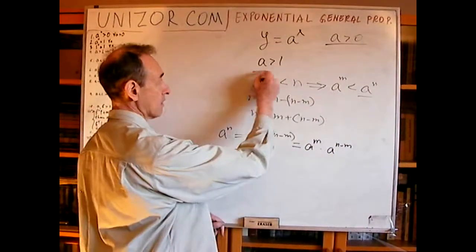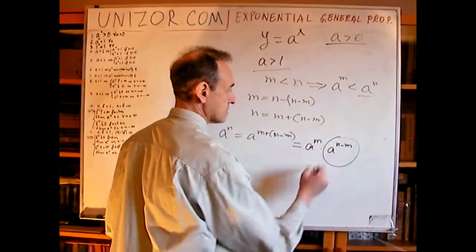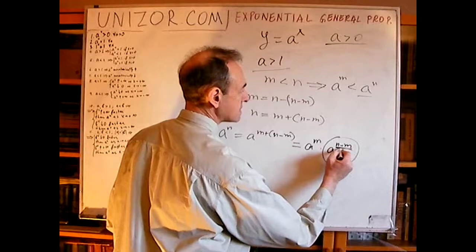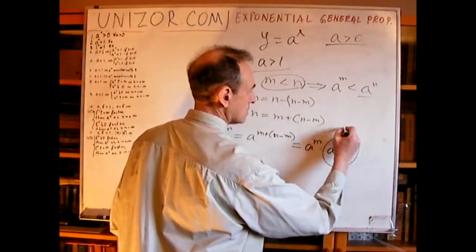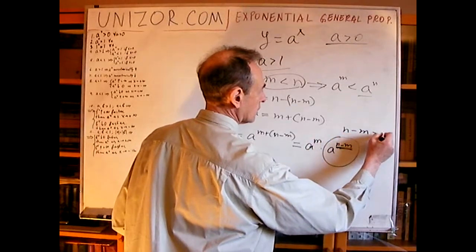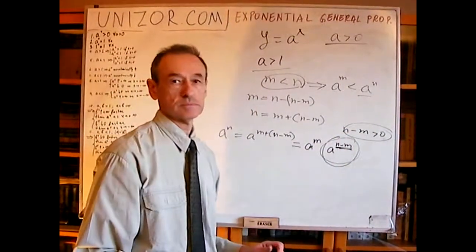Now, a is greater than 1, right? So, considering that n minus m is greater than 0, this is greater than 1, right?